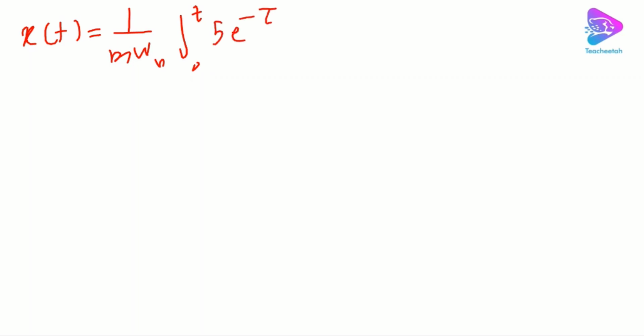So basically what we have here, x(t) is equal to 1 over m omega n, integral from 0 to t. f(t) is 5 e^(-tau). Why tau? Because the variable of the integral is tau here. Sine omega n (t minus tau) d tau, right? And we can take this 5 out and calculate for m and omega n, because we know m and omega n.